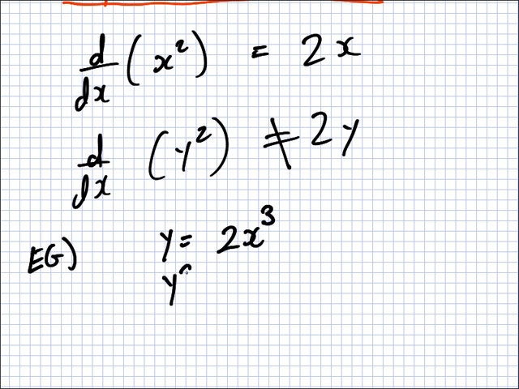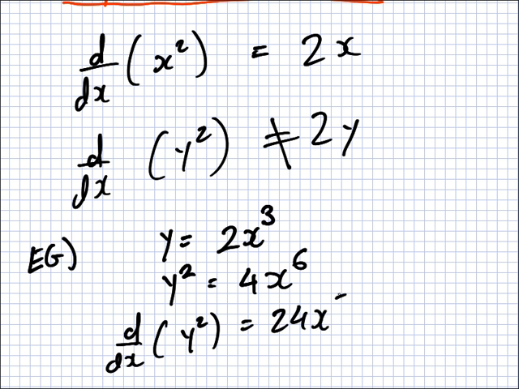Then y squared would equal 4x^6. So the derivative of y squared would equal 24x^5. And this does not equal 4x cubed, which is what 2y would be.